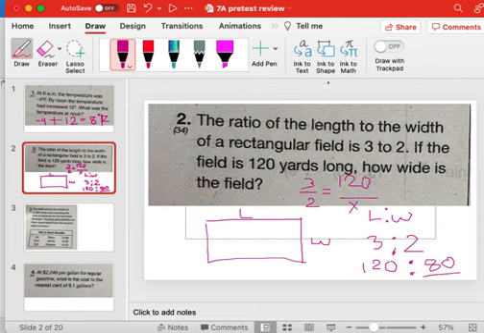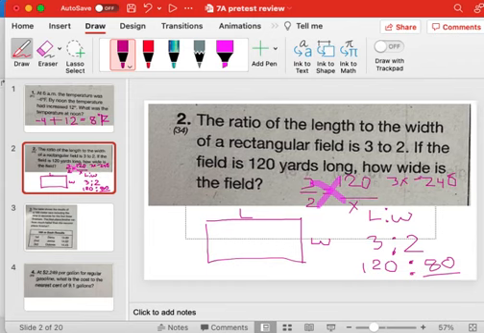And once it's a proportion, we can what? Cross multiply. And we can say 3x is, what's 120 times 2? Okay, 120 times 2 would be 240, right? Yes. So 3x is 240.